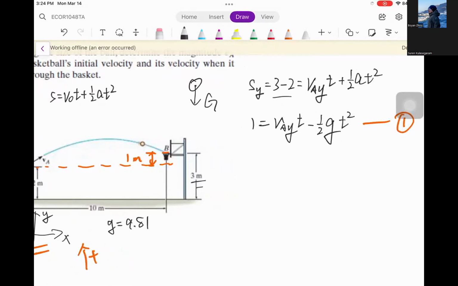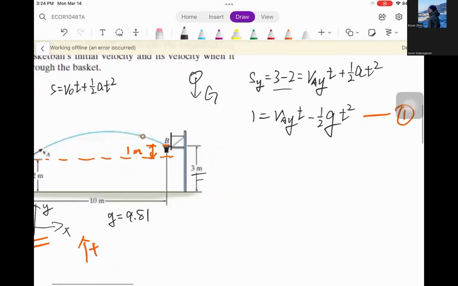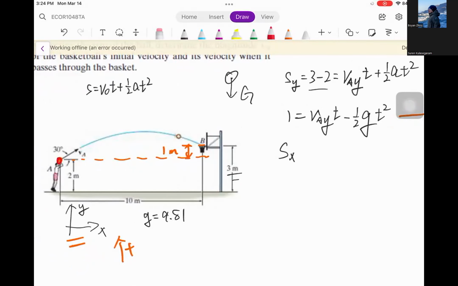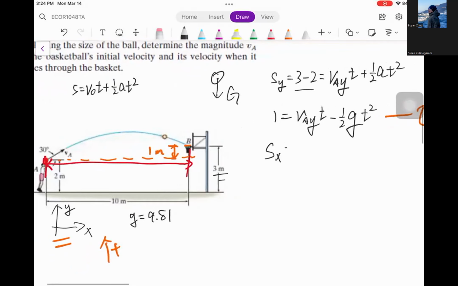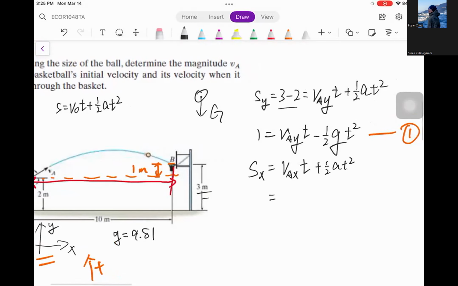For the first equation, we're basically using the vertical relationship. And the next one, we can use the horizontal relationship. So Sx is from this point all the way to this point. So Sx is equal to VA in x direction times t plus half a t squared.